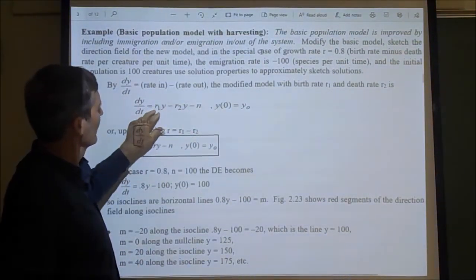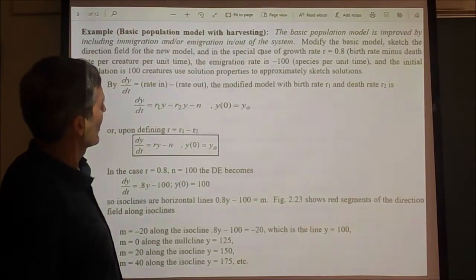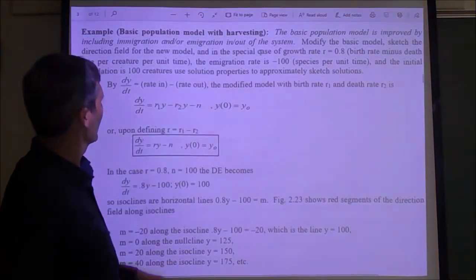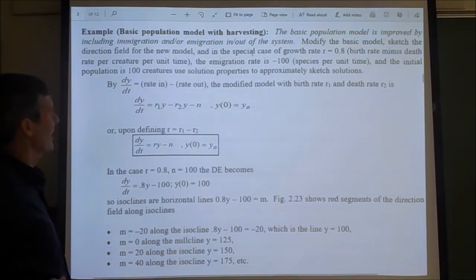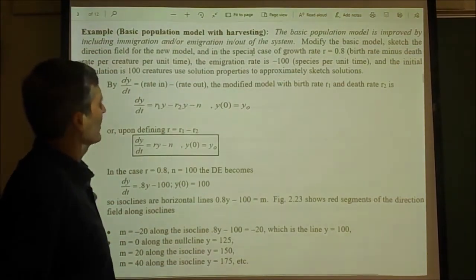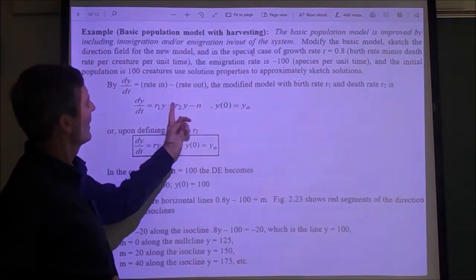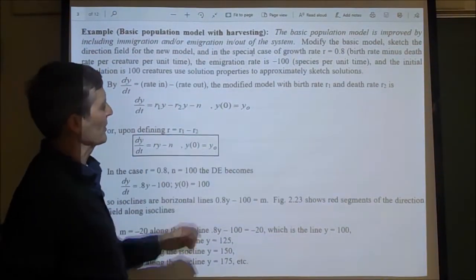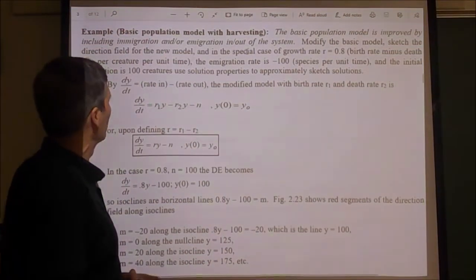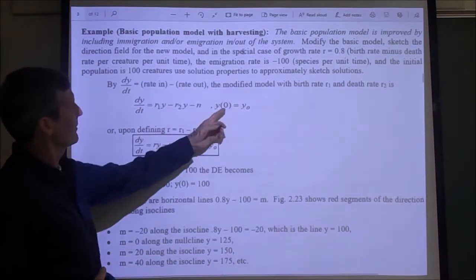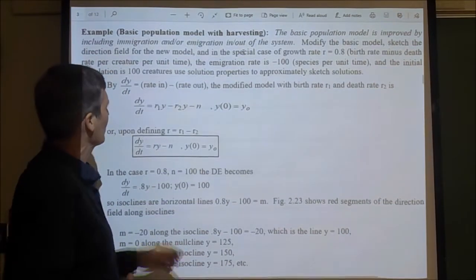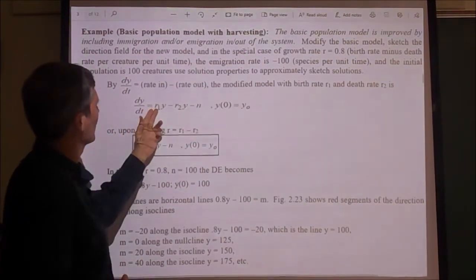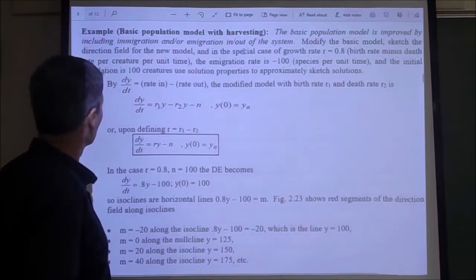So you have these rates R1 and R2, the birth rate and the death rate, that are constants. And maybe there's also immigration, where N members of the species are leaving per unit time. And then at time 0 you have initial population y0. This would be a differential equation where R1, R2 and N are constants.